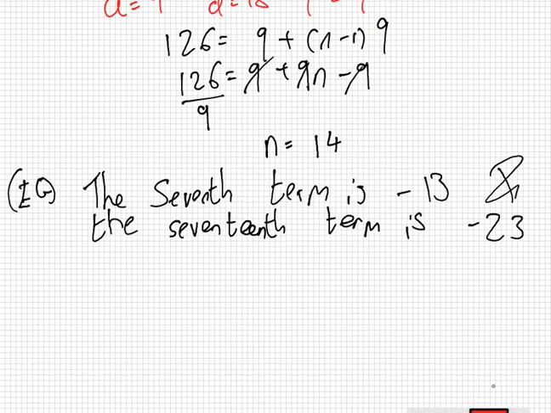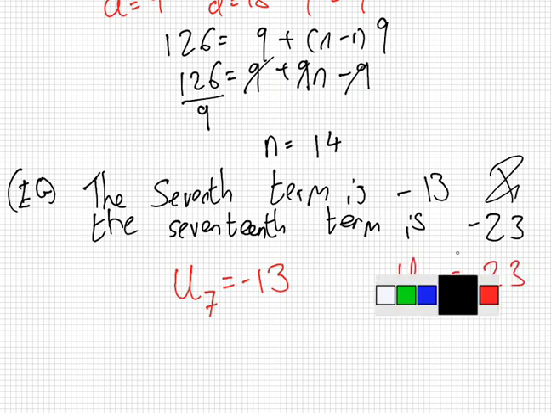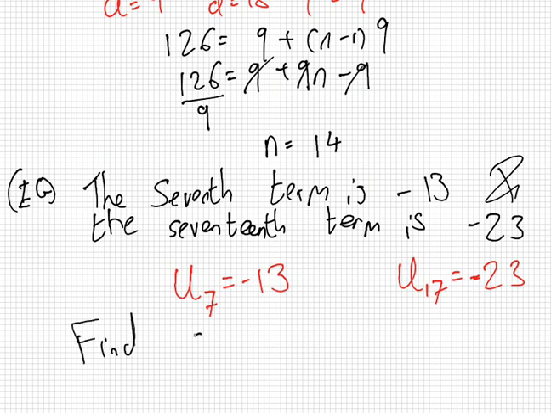So just to be clear, what I'm saying is the 7th term is minus 13 and the 17th term is minus 23. So my question is, find a and d.